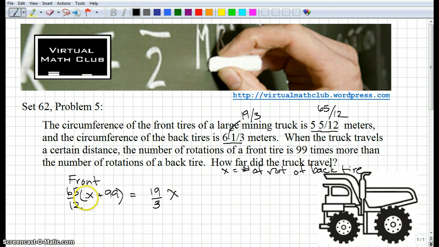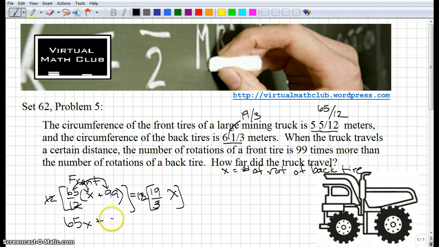So let's multiply both sides by 12. That'll get rid of the fraction on the 12, so this goes away. So this becomes 65, and let's distribute the 65. 65x plus 99 times 65.